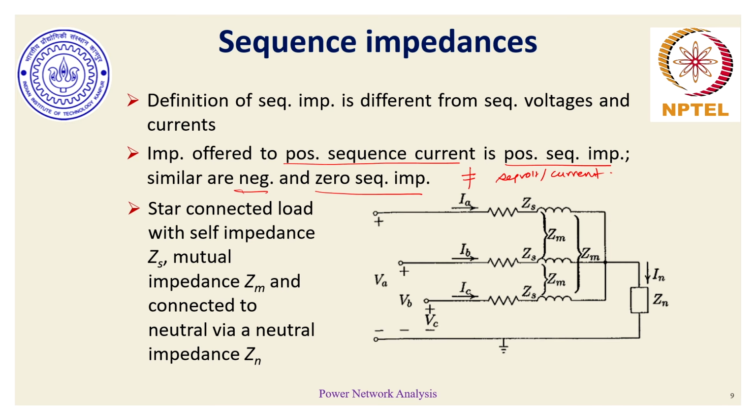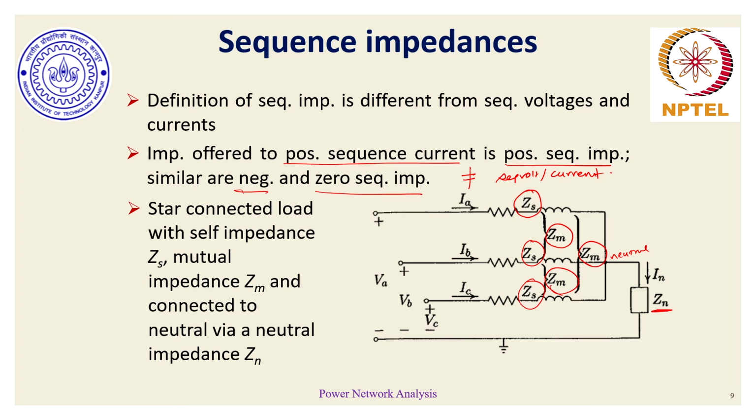What I have considered here is a very generic three-phase star connected, in fact star grounded, load, and this load is balanced. That means each phase has the same impedance across it, and this three-phase balanced load might also have mutual coupling along with it, and the neutral point, this point over here, is grounded through a neutral impedance Zn.